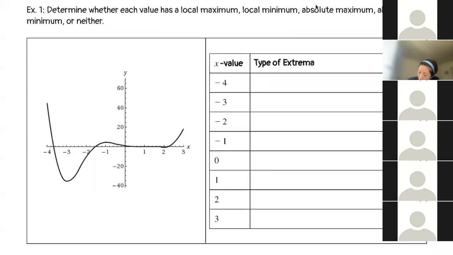And so if we go over to x equals -4, we notice that that y value is maybe like 40, 45, somewhere in there. And that is certainly the highest point on the whole graph. And so next to where it says x equals -4 in the chart, we're going to write that this is an absolute maximum. Okay.